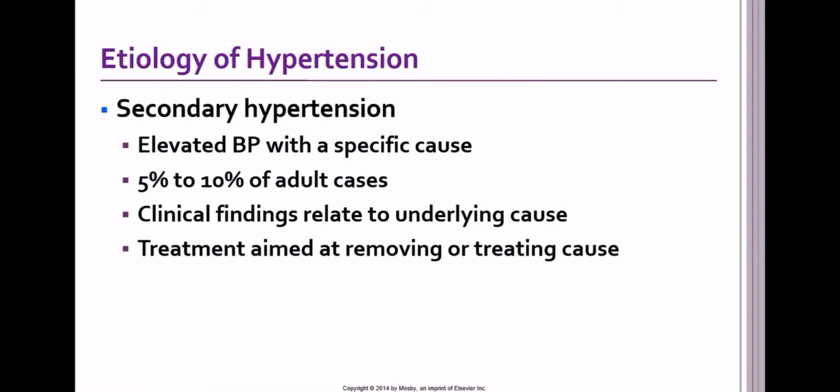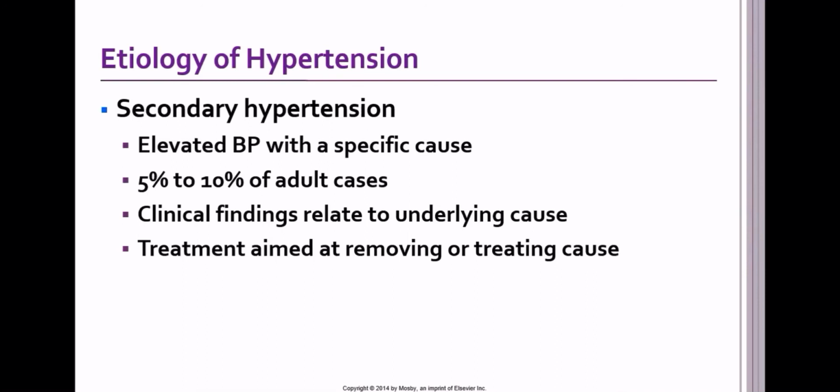Then there is secondary hypertension. Secondary hypertension is elevated blood pressure with a specific cause that often can be identified and corrected. A little different than our primary, where the cause is not identified, but with secondary, it often is identified.